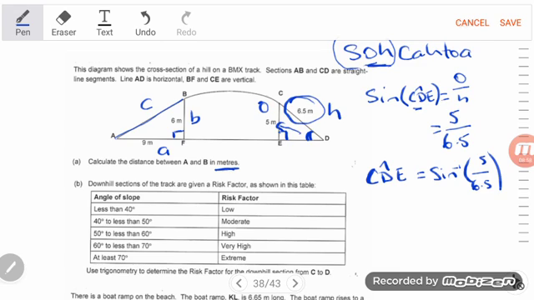Okay. Just going to pause this to use a calculator. Okay, which should equal 50.28 and so on degrees, which when we round it to 1 decimal place, should be 50.3.